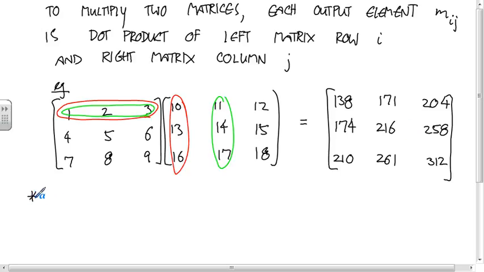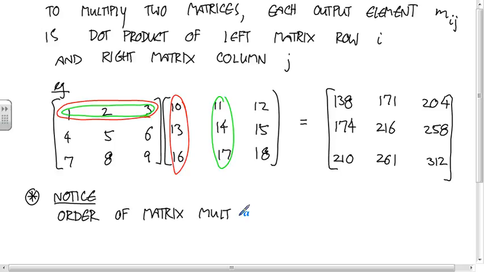One thing that's very important to notice about matrix multiplication is that the order of matrix multiplication matters. You might not expect that because with scalar multiplication, the order doesn't matter. Scalar multiplication is commutative. Matrix multiplication isn't.